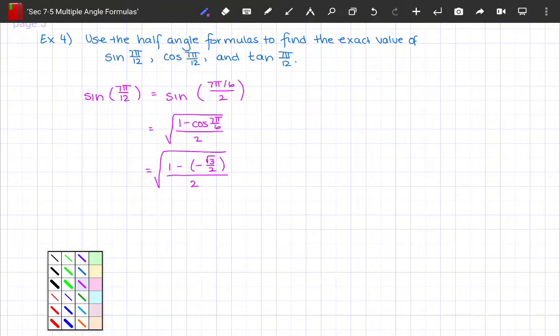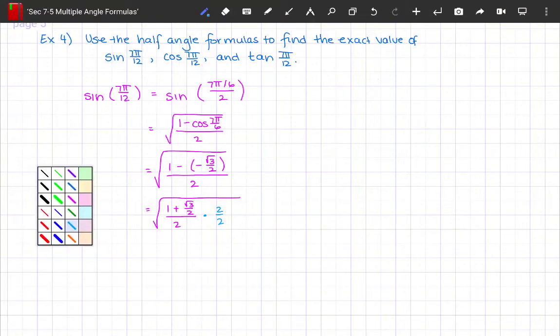So now we've got to simplify this mess. Well, the numerator is just going to be 1 plus root 3 over 2, but it's all over 2. Inside the square root, I'm going to multiply by 2 over 2 so that I can simplify this complex fraction.